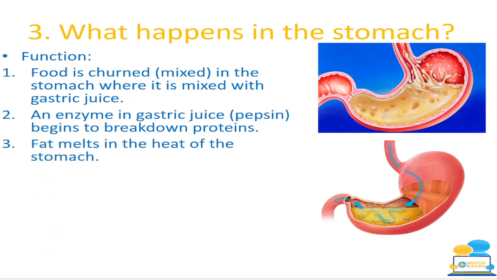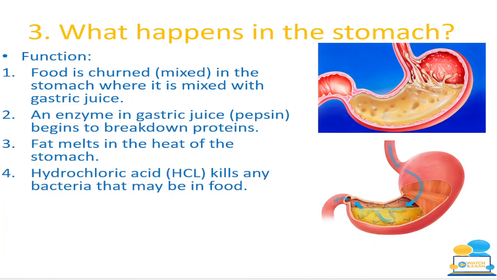So the fat melts in the heat of the stomach because the stomach is quite hot. We all know that body temperature is between 36.5 and 37 degrees Celsius. Your hydrochloric acid, which is an acid which has a very low pH of approximately 2 to 3, kills any bacteria that may be in food. So you're linking back to your food safety and hygiene chapter and your microorganisms.